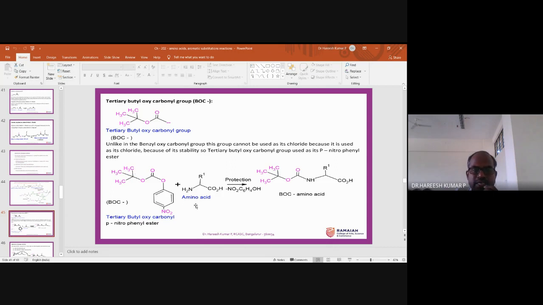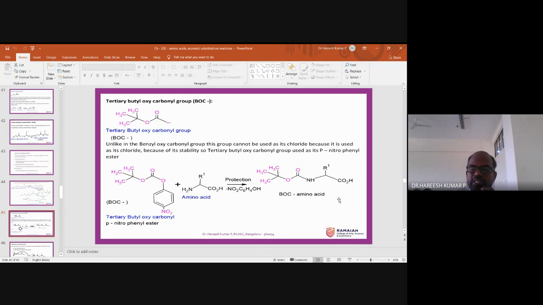So this was treated with an amino acid. There will be a new bond formation between this nitrogen and this carbon, and this will be the leaving group. So now the product obtained is BOC amino acid. This BOC amino acid is subjected to activation and treated with one more amino acid, and the product obtained is a dipeptide.